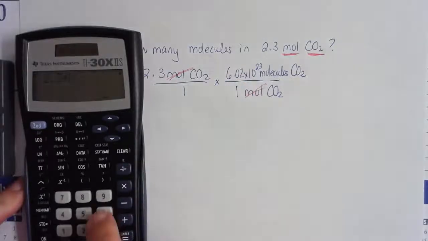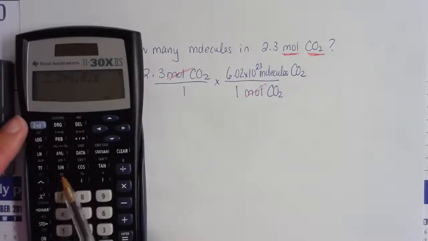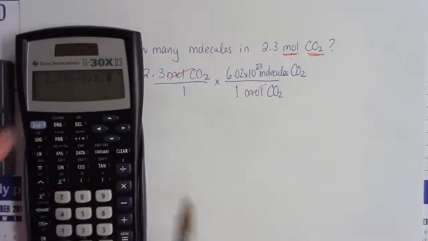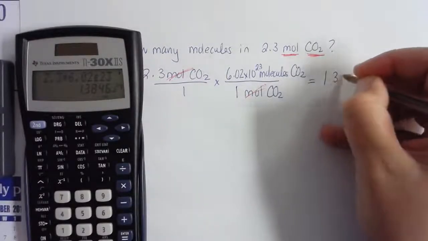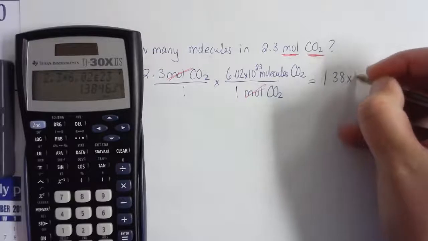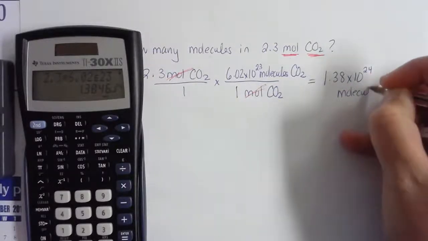Remember, 6.02, you have to do your scientific notation correctly. So second, and then this EE, and you're going to type 23, and you get an answer of 1.38 times 10 to the 24th, and the unit is molecules CO2.